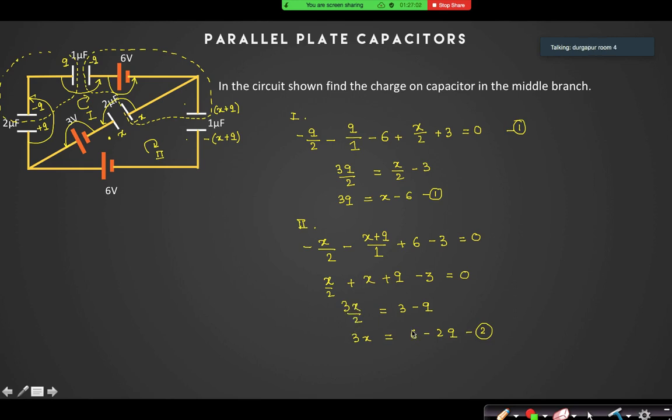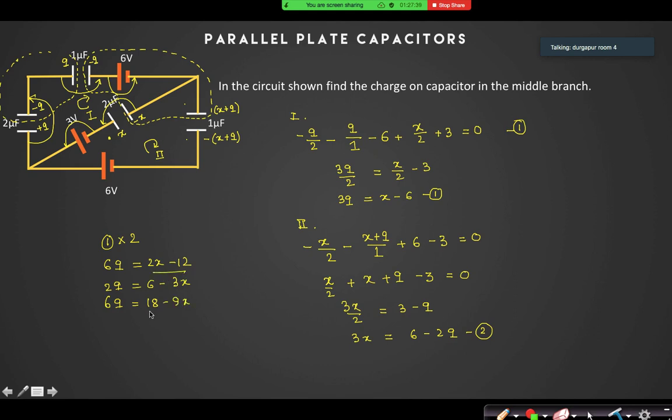Now I can solve them because 3x is there, x is also there. I have to find x, so I will eliminate q. From the first equation, 6q is equal to 2x minus 12, and from the second equation, 2q is equal to 6 minus 3x, or 6q is equal to 18 minus 9x.